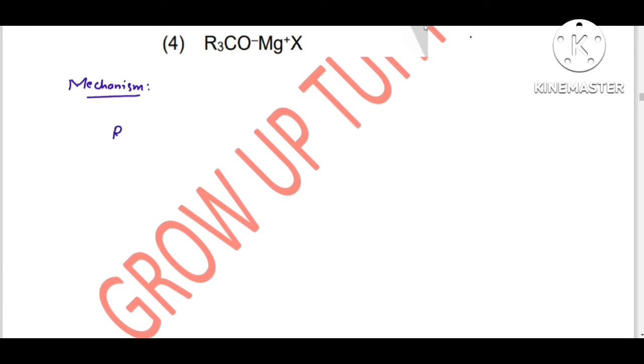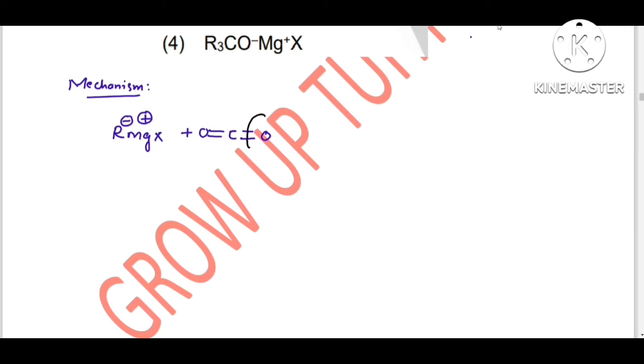In the Grignard reagent, that means RMgX, we know that the alkyl group is present in the negative form. Why? Because it is attached to a metal. The metal, which is in positive state, reacts with carbon dioxide, which has the linear structure. This is the linear structure. We know that oxygen has higher electronegativity than carbon.